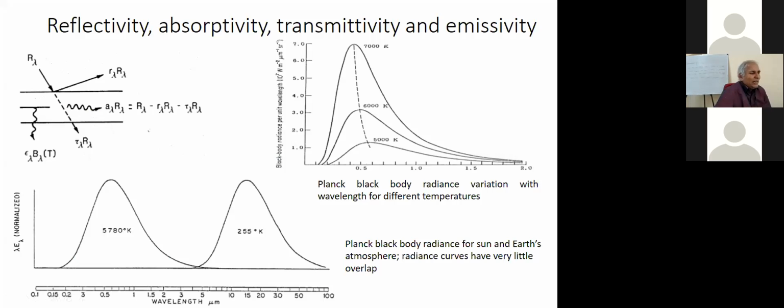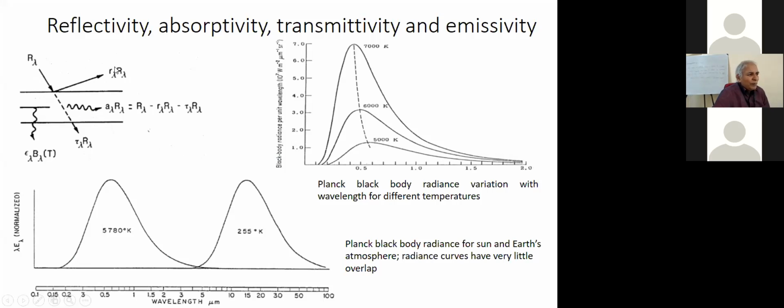Let's say that R lambda is a certain amount of radiation that is incident on this. Part of this radiation can get reflected. So we define reflectivity of any substance as the ratio of the reflected radiation to the incident radiation.